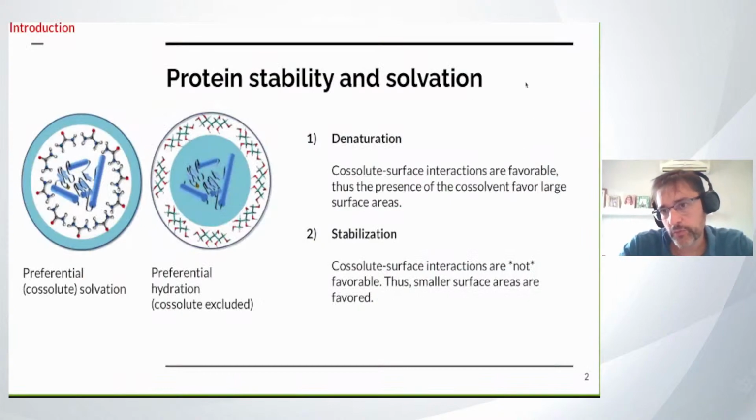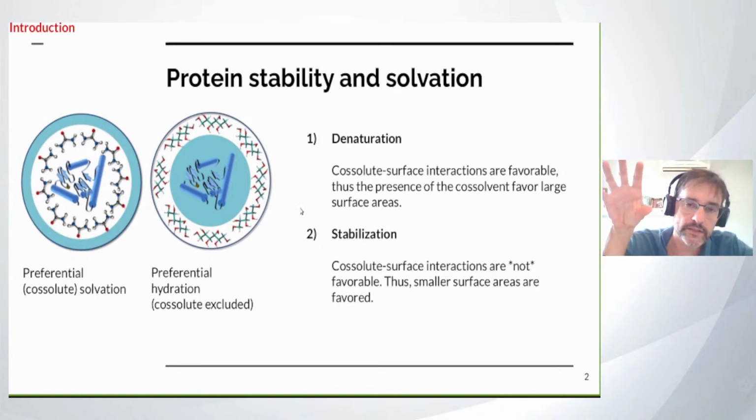The central problem we are going to speak of is protein stability and its relation with the solvation of the protein. There is a general view which correlates the environment in which a protein is present and the stability of this protein. If the protein is solvated in a mixture of solvents, in which one of the solvents, the co-solvent, which might be alcohol or sugars or urea or denaturants or stabilizers, interacts favorably with the surface of the protein, it tends to favor structures with greater surface area.